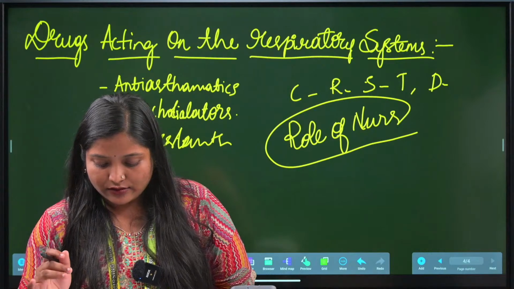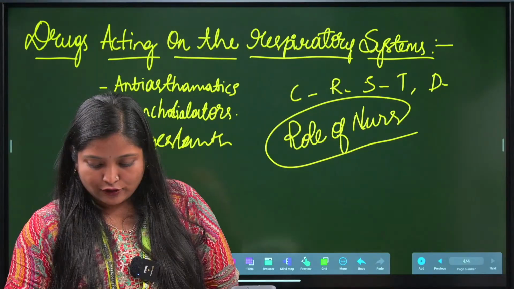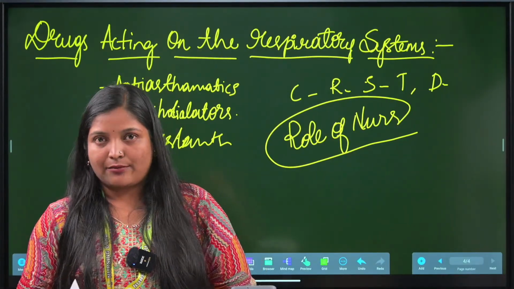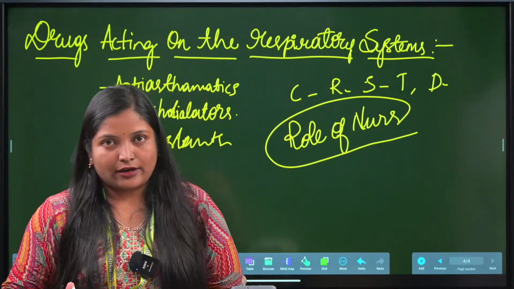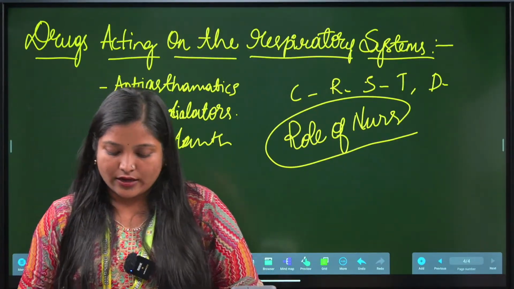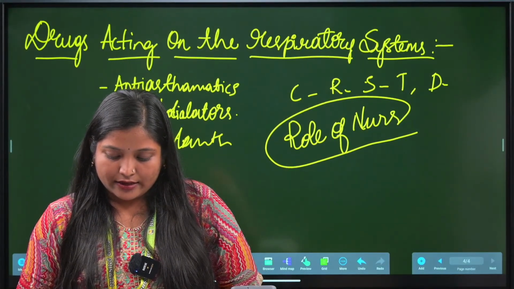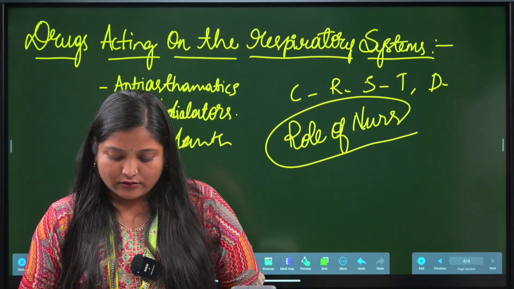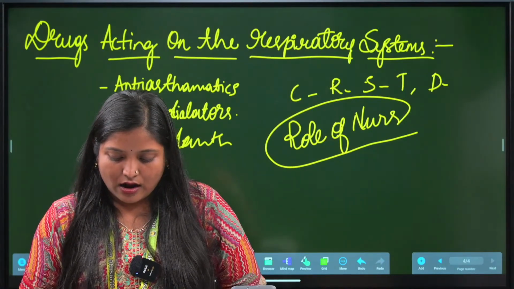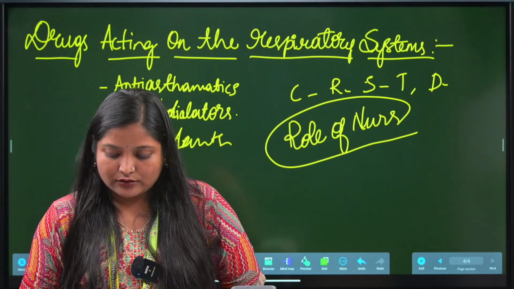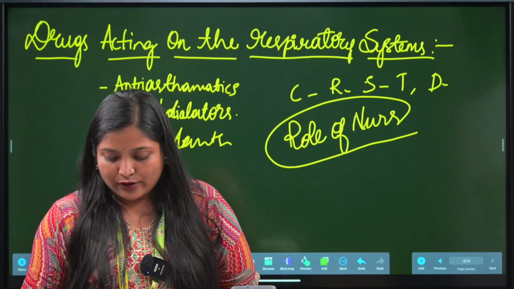Next, drugs used in the treatment of the endocrine system: insulin. Diabetes and hypertension we can see in these endocrine disorders. Diabetic insulin and oral hypoglycemics, thyroid drugs, and steroids, corticosteroids, anabolic steroids.